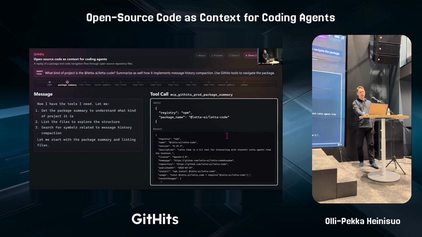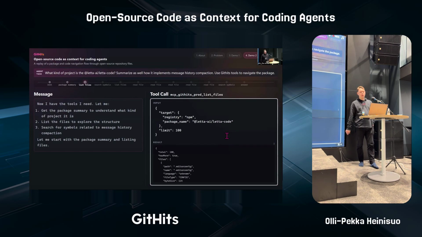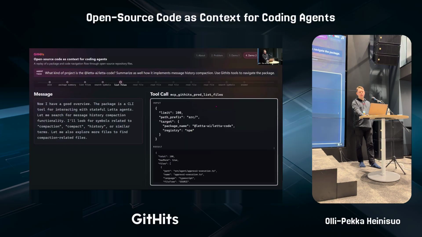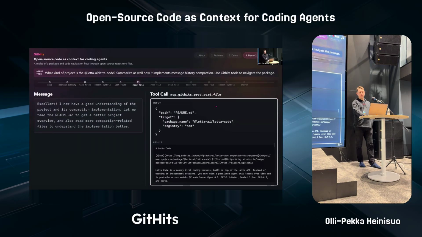Next, after getting this information, it lists files in the repository, and after that it searches the symbols related to the compaction. Then it lists the files again and decides to read the readme, so it wants to know what the project is about.